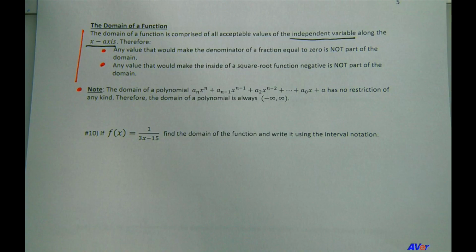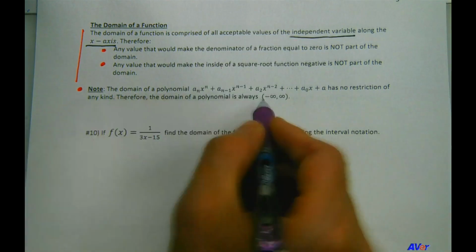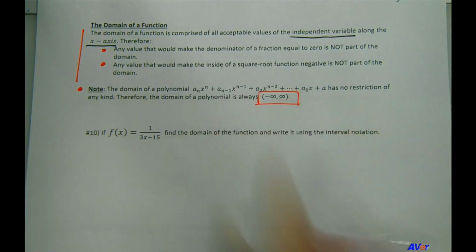That's another way of saying there are no restrictions on the domain of a polynomial. It accepts all values of the independent variable, so all real values are possible in a polynomial. Okay, and that's the note I'm mentioning here.